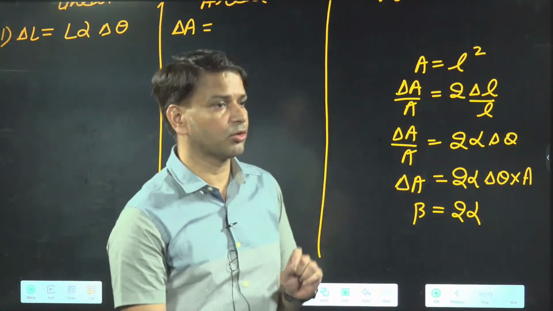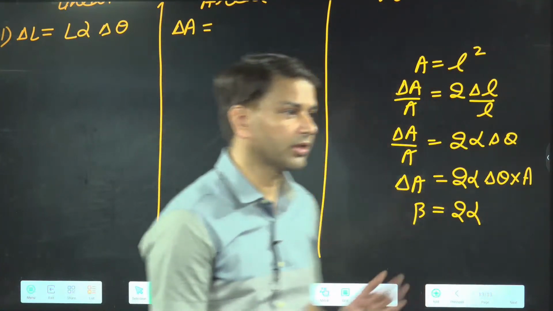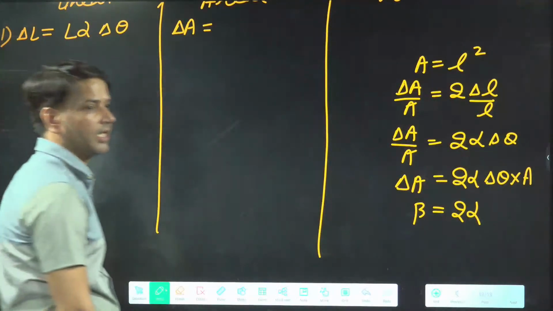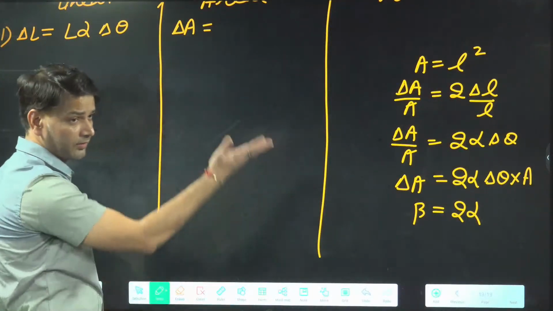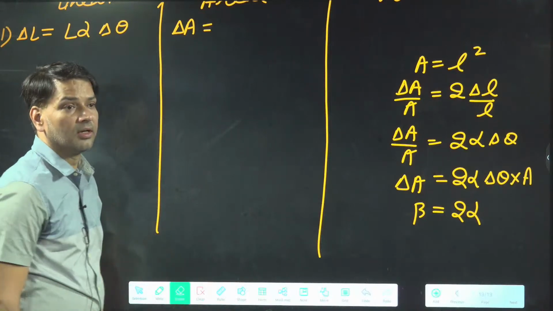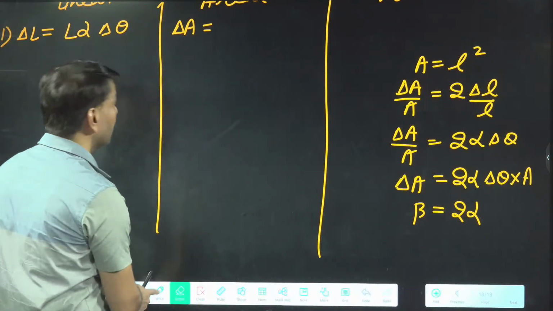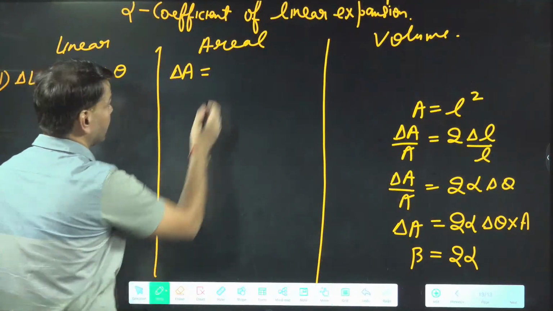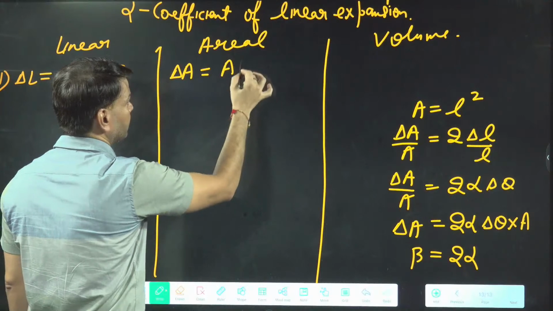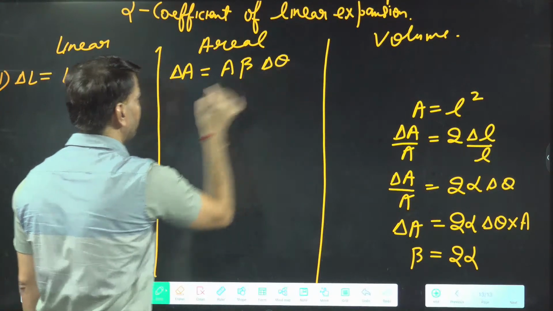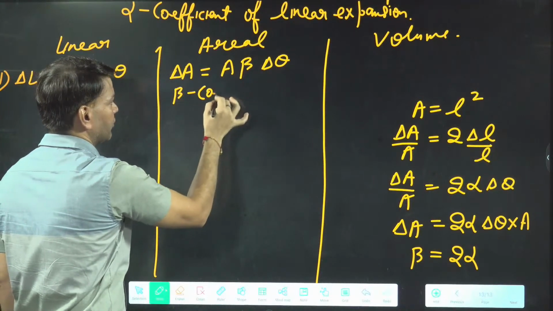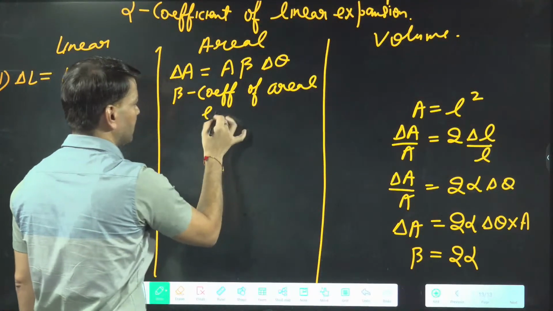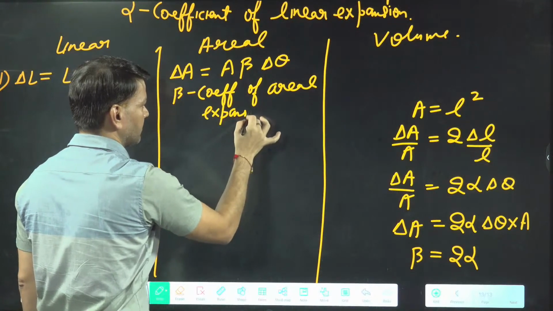Then delta A is A into beta into delta theta, where beta is the coefficient of areal expansion.